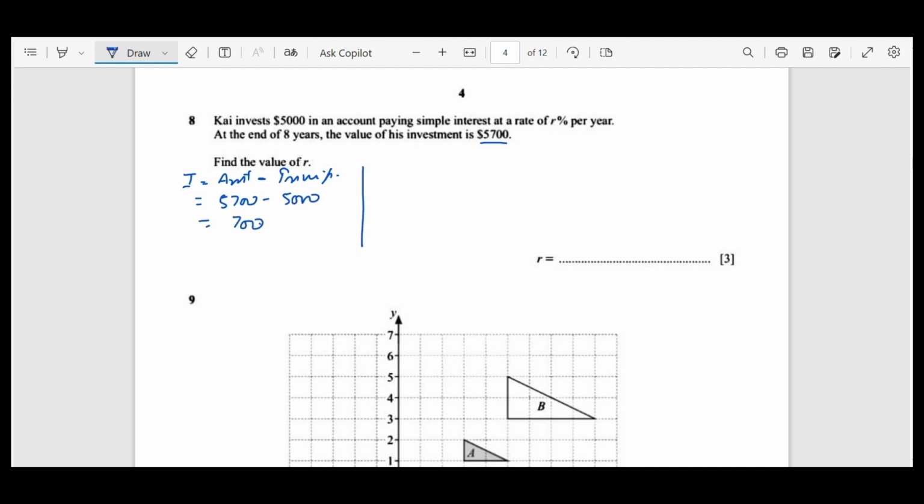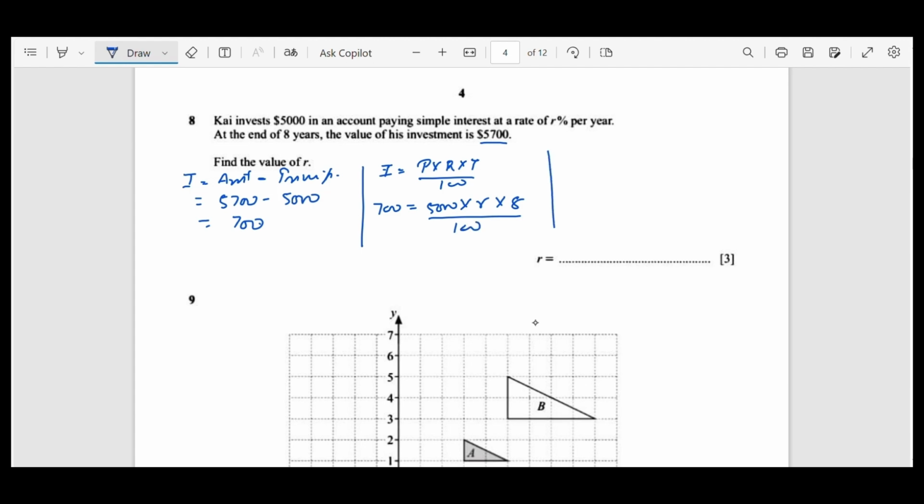So interest is equal to principal into rate of interest into time by 100. We have interest 700, which is equal to principal 5,000 into rate of interest, small r, into time, 8 years, over 100.